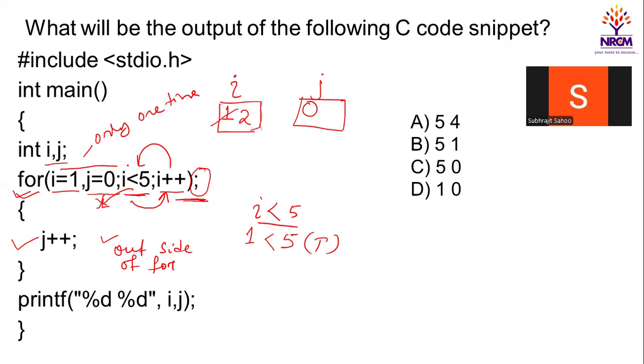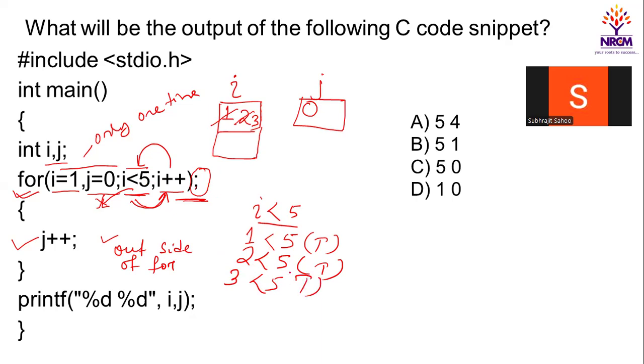Now the condition will check i less than 5. Right now i is 2. 2 less than 5, the condition is again true. After the condition it should have gone to the block, but unfortunately it is terminated here. So instead of going to this block, again the updation statement, i plus plus, increments it to 3. Now the condition is checked again: 3 less than 5, true.